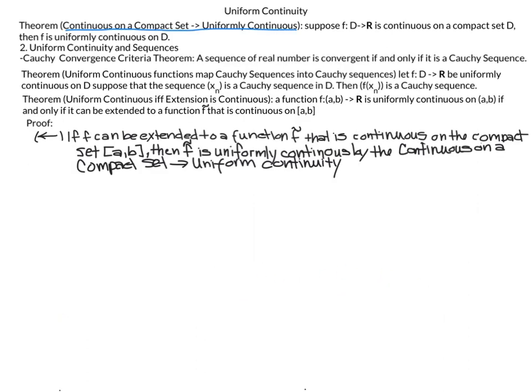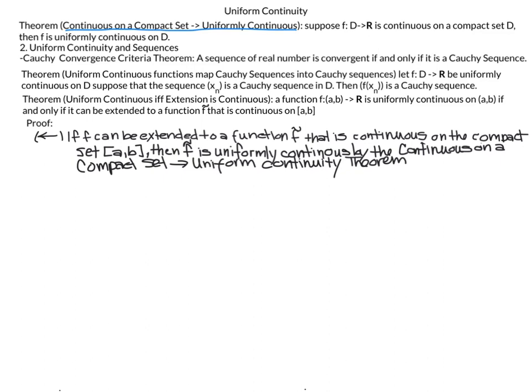I'm going to start the proof by proving the opposite direction. That is, we're going to assume we have a function f tilde that's continuous on the closed interval [a, b], and we're going to show the function f on the open interval is uniformly continuous. So if f can be extended to a function f tilde that is continuous on the compact set [a, b], then f tilde is uniformly continuous by the continuous-on-a-compact-set-implies-uniform-continuity theorem, stated right here.